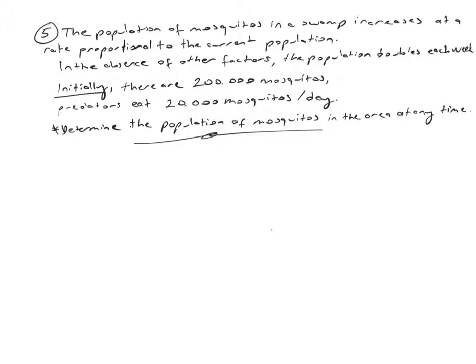Let's write the general form of our differential equation, which is dQ over dt is equal to rate in minus rate out. First of all, we will think about the situation in which there are no predators around, so rate out will be equal to 0. And as it is said in the question, the population of mosquitoes in a swamp increases at a rate proportional to the current population, so rate in is equal to K times Q. And Q is the current population here.